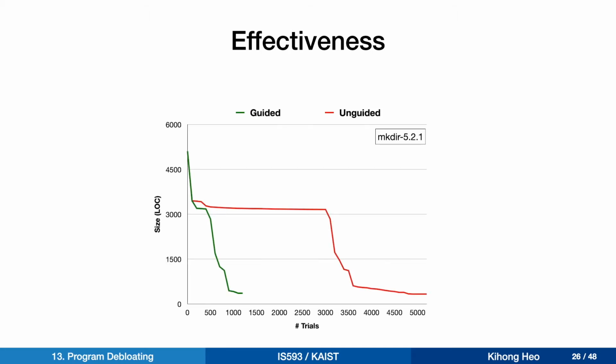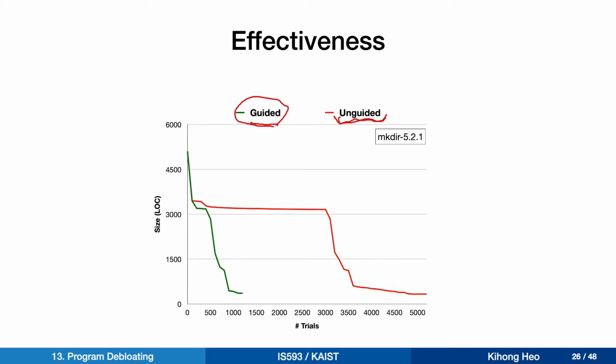Here I show you the effectiveness of the new reduction algorithm for a Linux program called mkdir. This graph shows the overall performance of the two different algorithms, the guided search and unguided search. Guided means the guided search by learned policy, and unguided means just using the grammar-based delta debugging.